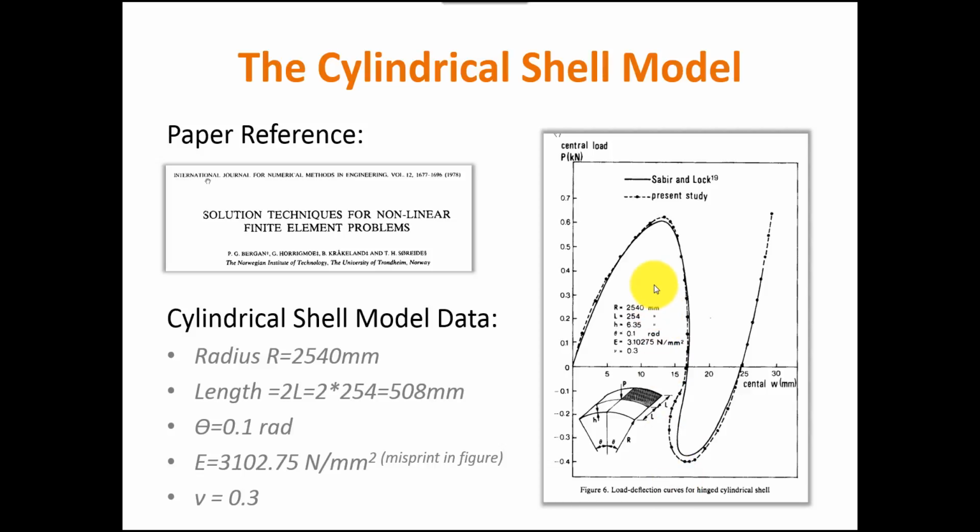So this is a highly nonlinear problem, and neither force or load control or displacement control will work. That's why arc length methods have to be used. And as we see, there is an application point here in the middle where the load is applied.